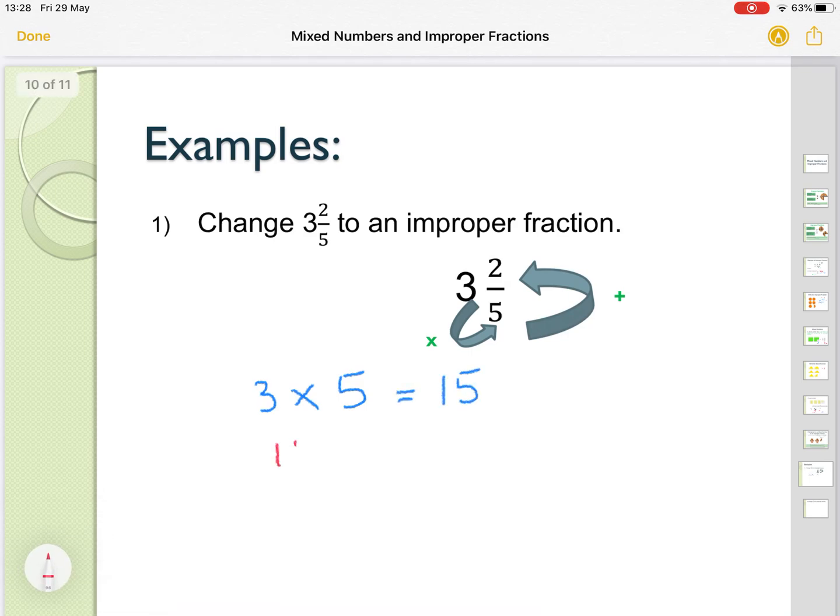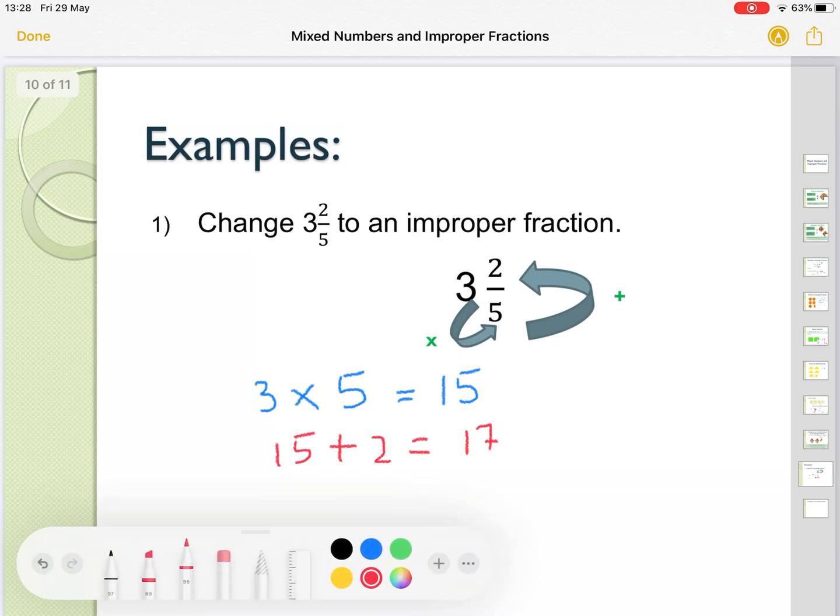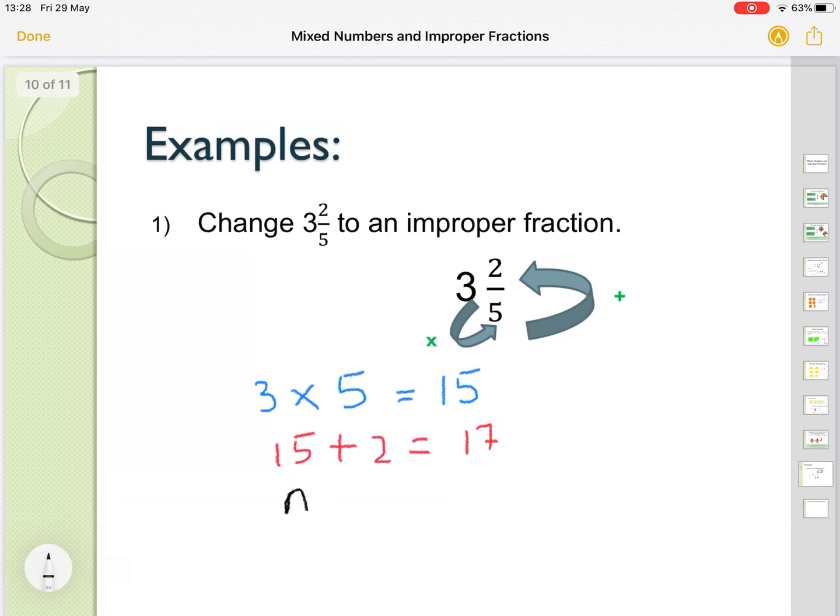Then I add the numerator, which is 2. 15 plus 2 is 17. So my answer is 17 all over the denominator that I had.